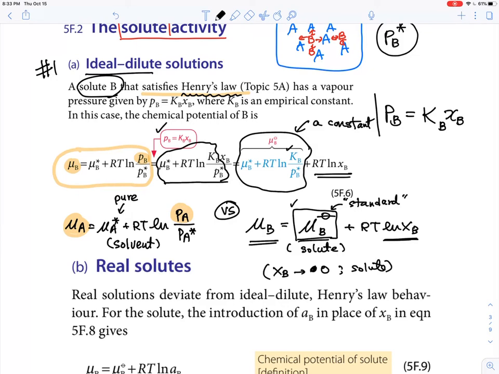You just have a different standard state, which is not as conceptually easy to understand, but formula-wise, you will find an awful similarity. This is a solute, standard state.